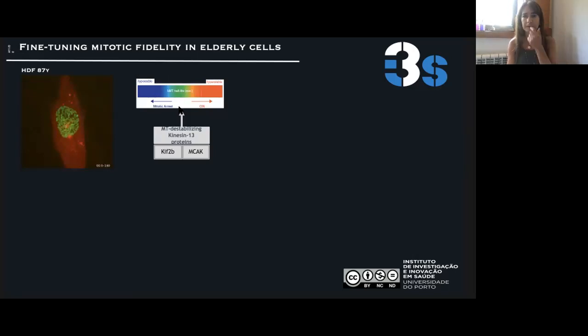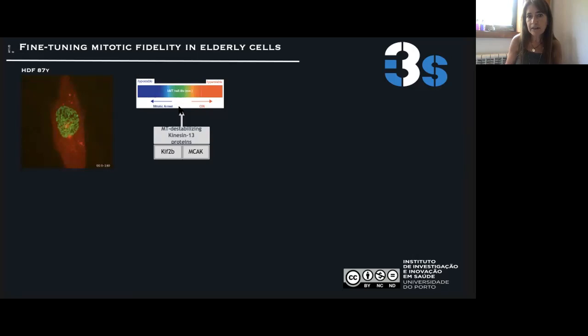And this stability of the interactions is safeguarded by microtubule-destabilizing kinesins, the KIF2B and MCAK, and thus whenever the error correction machinery is compromised, improper kinetochore-microtubule interactions will originate aneuploid daughter cells.